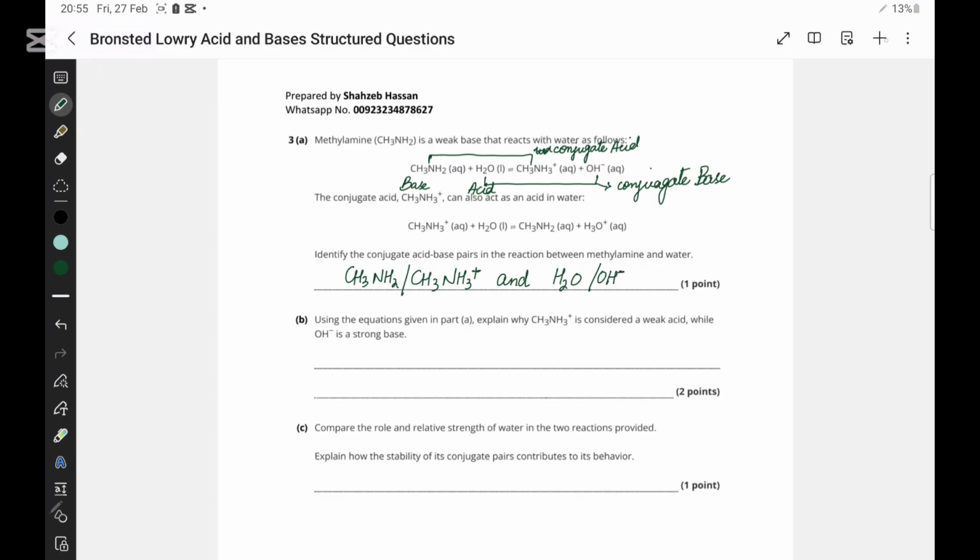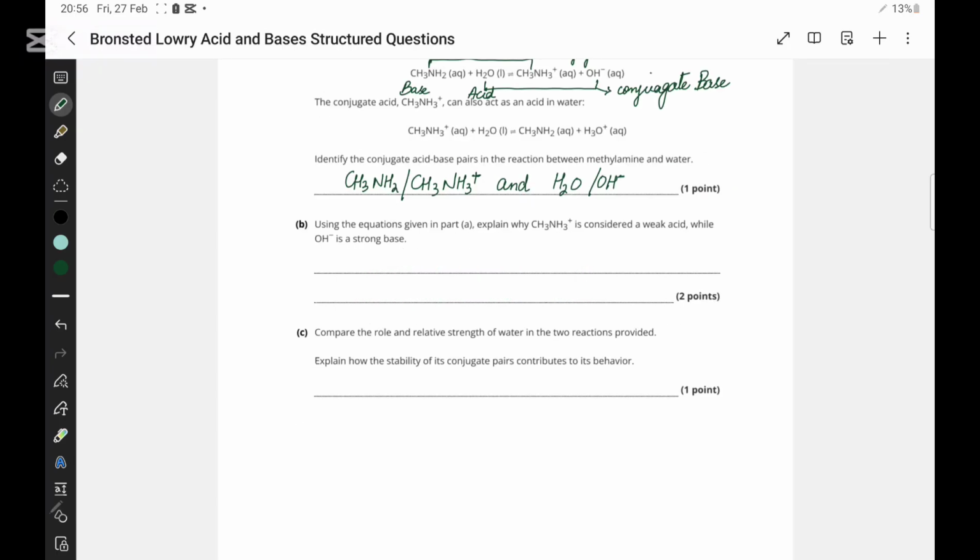This is the pair. Using the equation given in part A, explain why CH3NH3 positive is considered a weak acid while OH minus is a strong base.